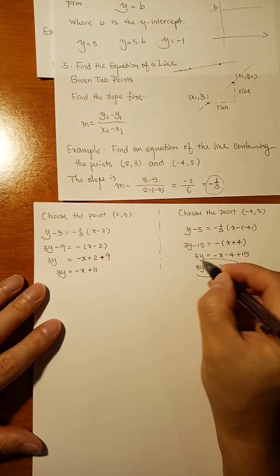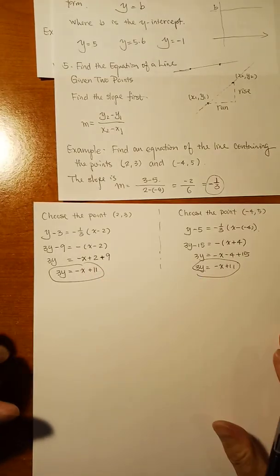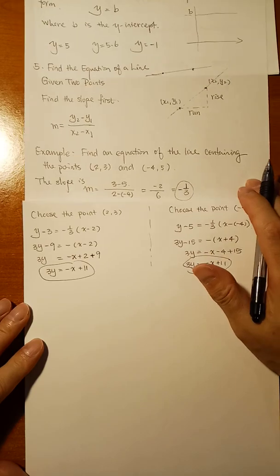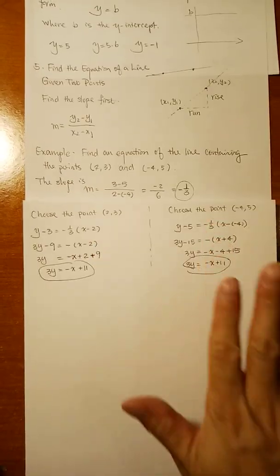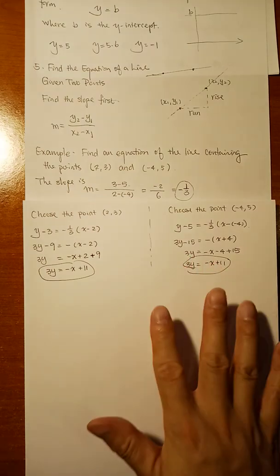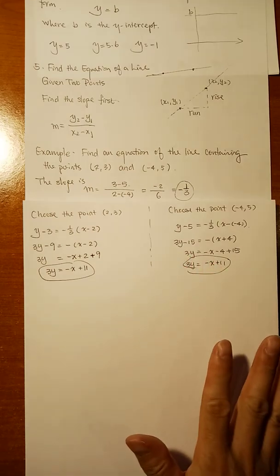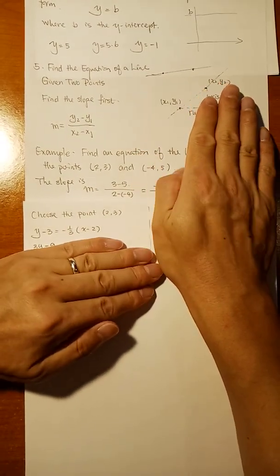You see? They actually are the same. So once again, it doesn't matter which point you choose. I did both computations to convince you they are the same thing. So you just pick one and write up to this place.